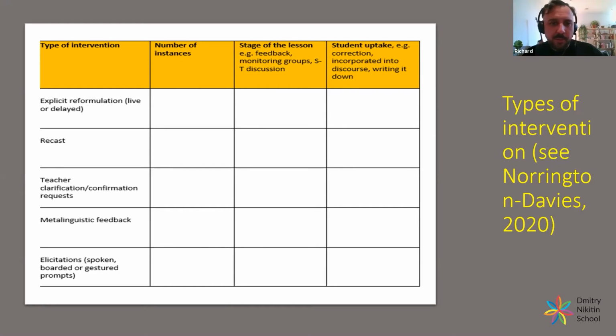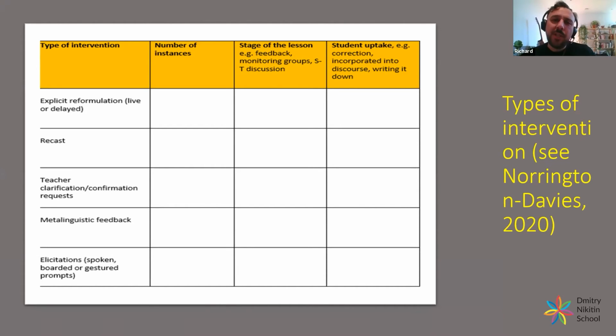Went, for example, yeah? So this is an elicitation, whether we put it on the board, whether we gesture from the learners, whether we use our fingers to highlight what word goes in. I there yesterday. Yeah, I there yesterday. So we might use our fingers to draw learners' attention to some language. Yeah, okay, so that's elicitation.